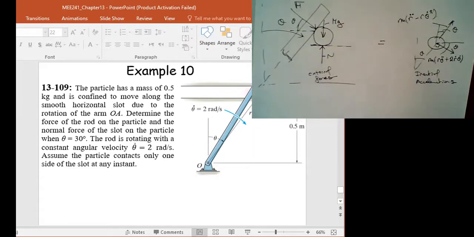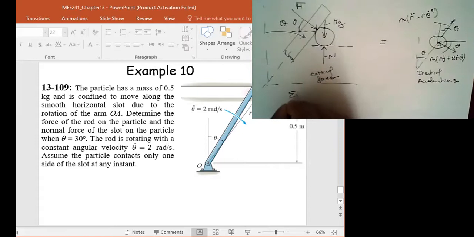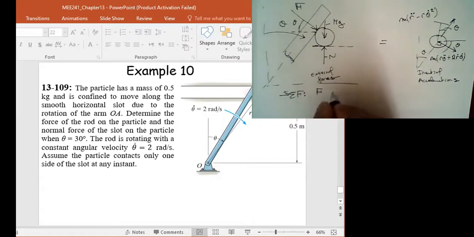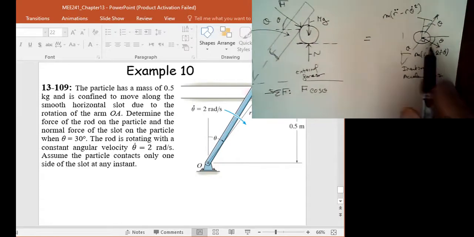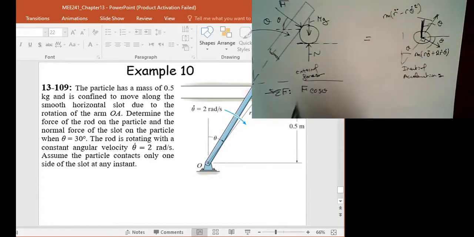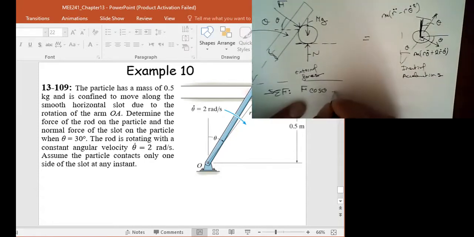How do you know the force? So just sum the forces, right? Sum the forces in the horizontal direction. And if you do so, F times cosine theta is going to be equal to what over here? Well, this is like vertical, right? And yep, F cosine theta is going to be equal to how much?